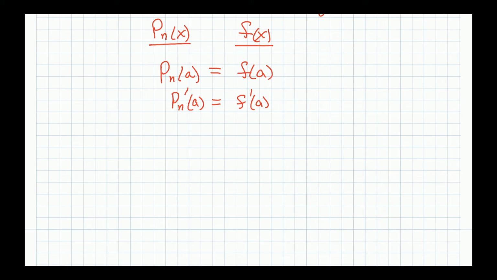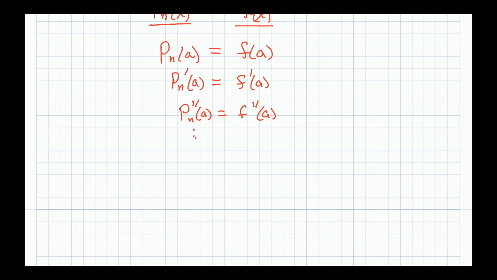So what you get for going to higher and higher degrees is that every time the n goes up by 1, you can make another derivative equal to the derivative of the original function, right? So you can continue this pattern on, and Pn, the nth derivative evaluated at A, is going to be f with the nth derivative evaluated at A.